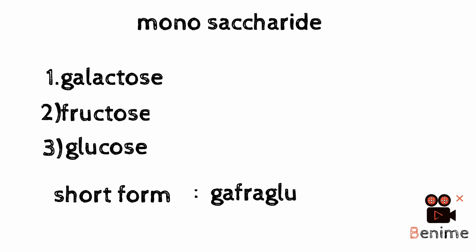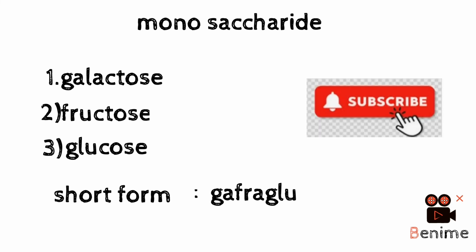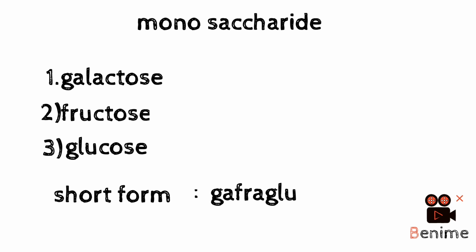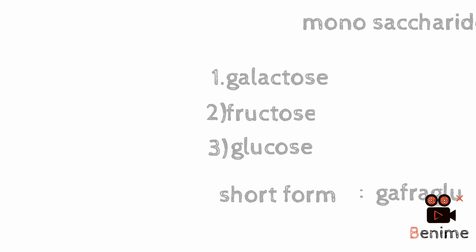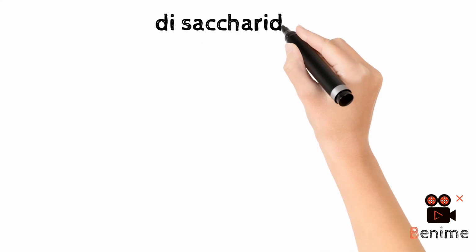Now I am going to give a short form for the disaccharide. We know the examples of disaccharide: sucrose, lactose, maltose. You can keep in your mind the short form Sri Lanka Muslim.